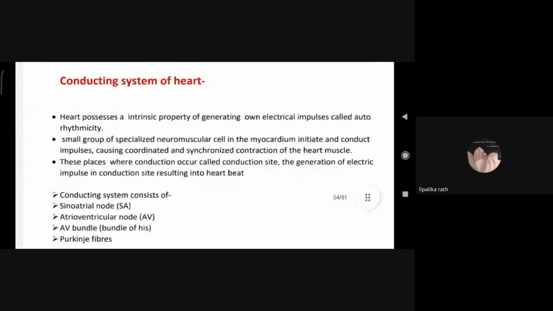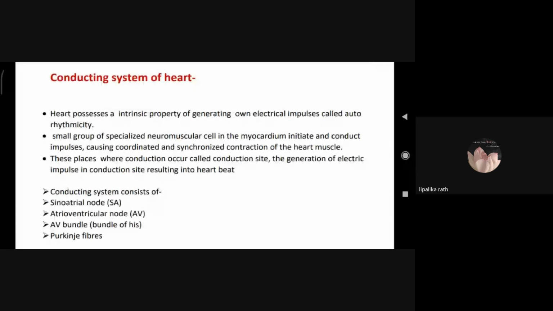Now, the conducting system of the heart. The heart possesses an intrinsic property of generating its own electrical impulses called autorhythmicity. This autorhythmicity is part of our autonomic nervous system. It is the heart's intrinsic property to generate its own electrical impulses.